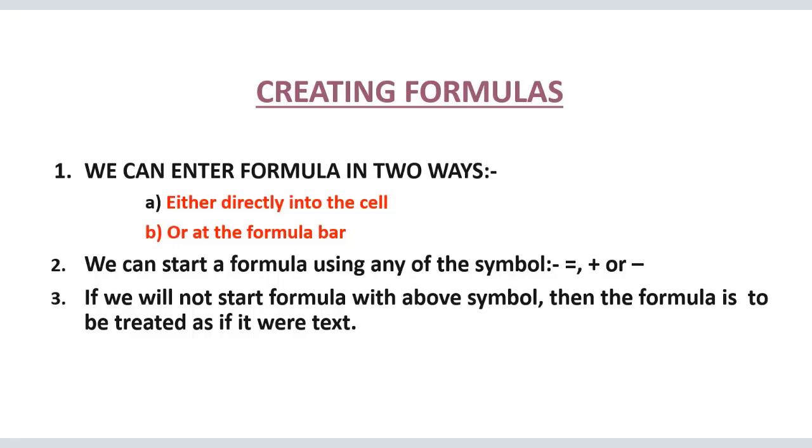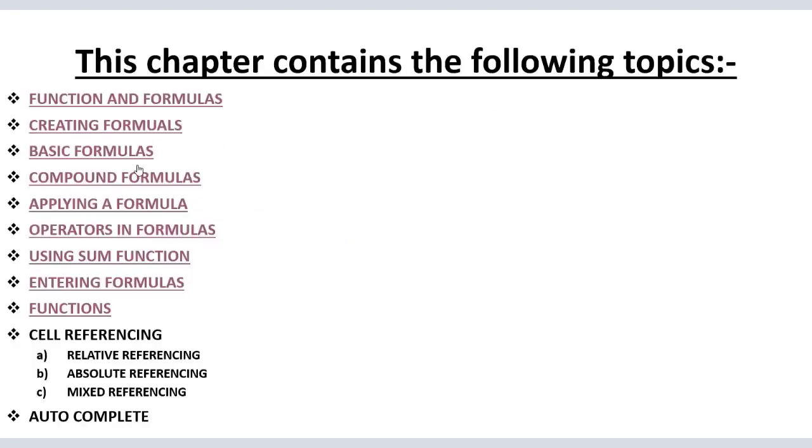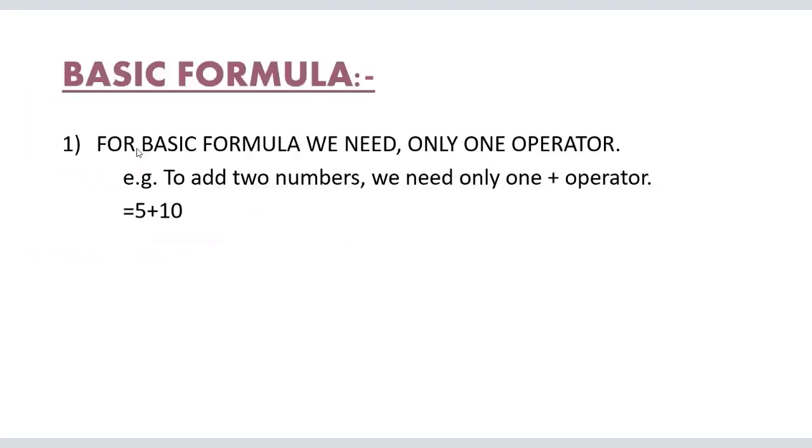Our next topic is basic formula. What is a basic formula? When we use only one operator for calculations in MS Excel, then that equation is called a basic formula. In a basic formula we can use one operator. It may be plus, minus, multiplication or division.